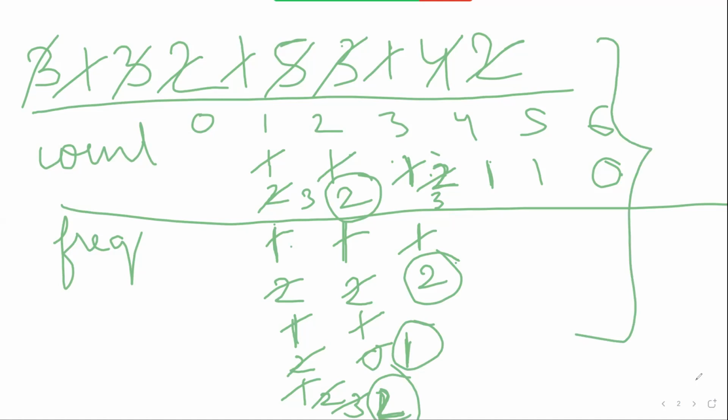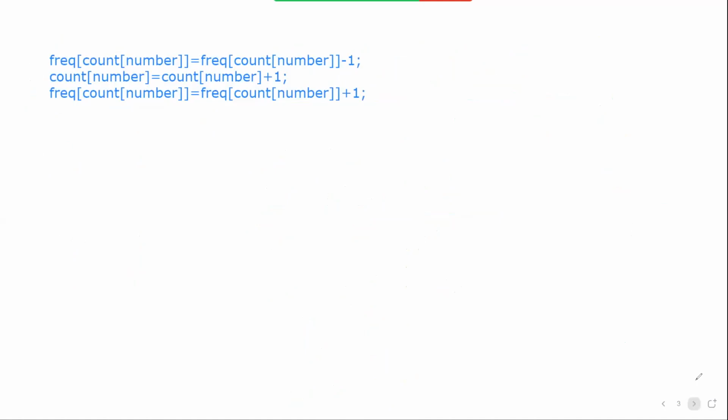So now let's understand the code with an example. This is for the addition part, the add function. Let's go with a small example: 3 3.